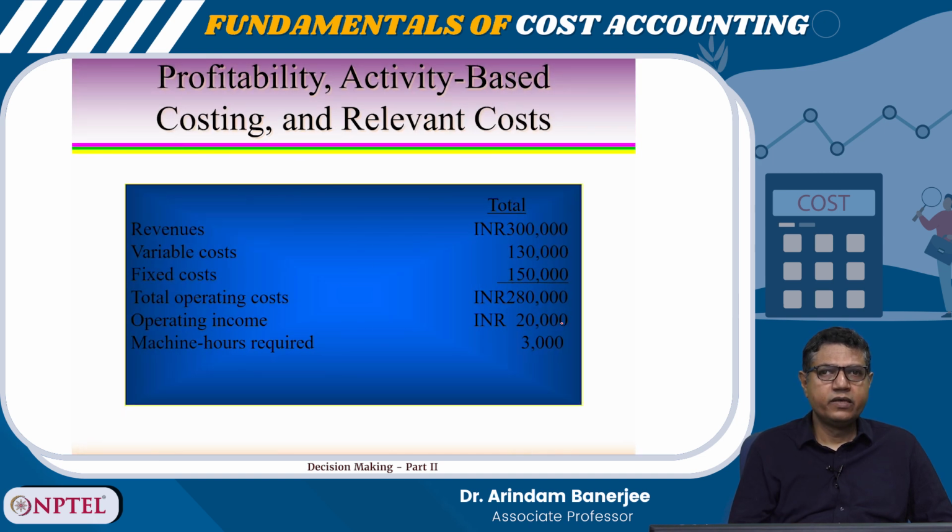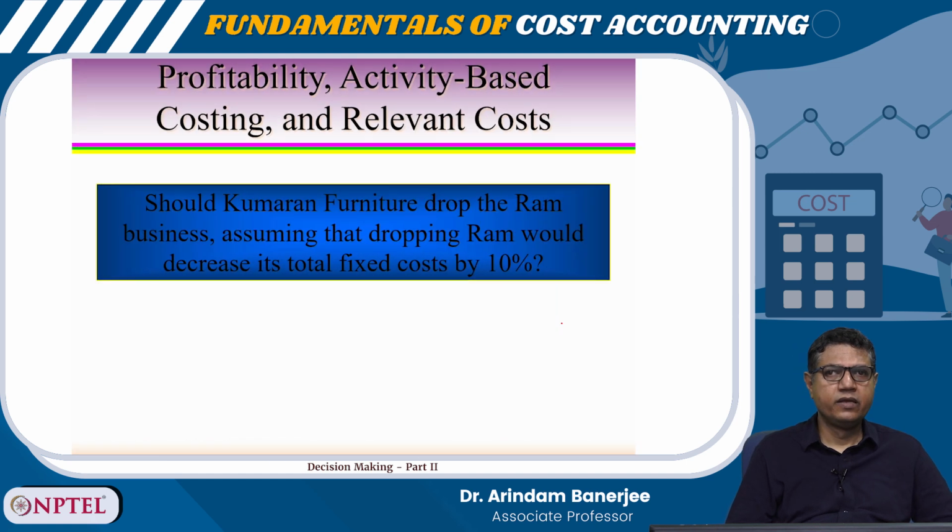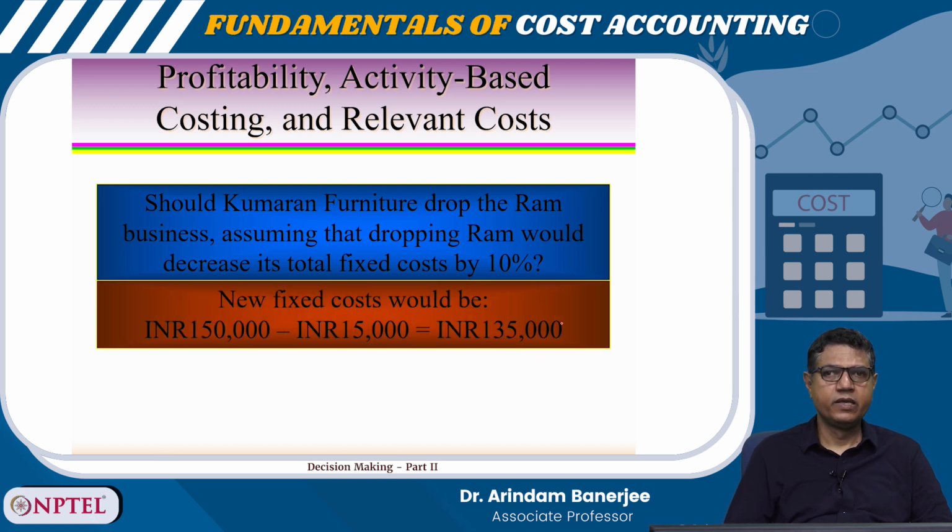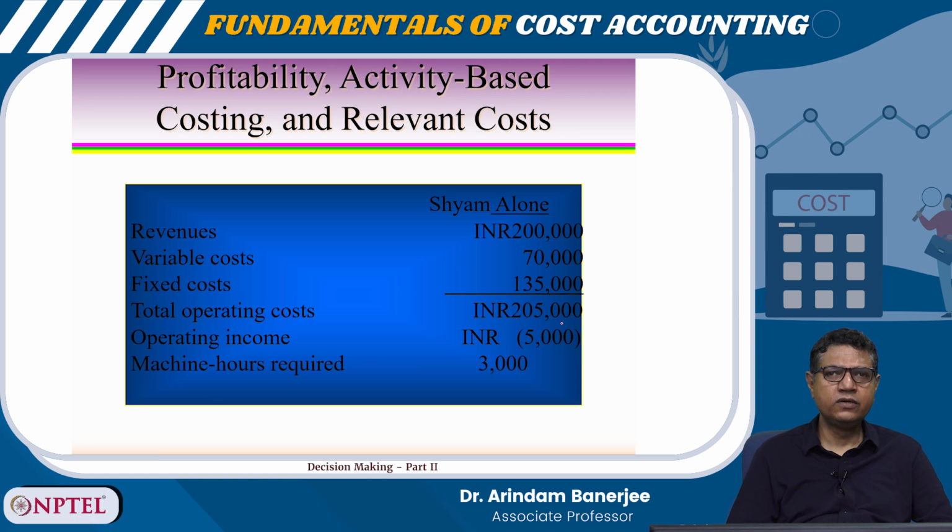Now if you make the total, the total revenue is 3 lakh, variable cost is 1 lakh 30,000, fixed cost is 1 lakh 50,000, total operating cost is 2 lakh 80,000, operating income is 20,000, and machine hours required are 2 plus 1, that is 3,000. Now, should Kumaran Furniture drop Ram's business, assuming that dropping Ram would decrease the total fixed cost by 10%? If it drops by 10%, 1,50,000 becomes 1,35,000.